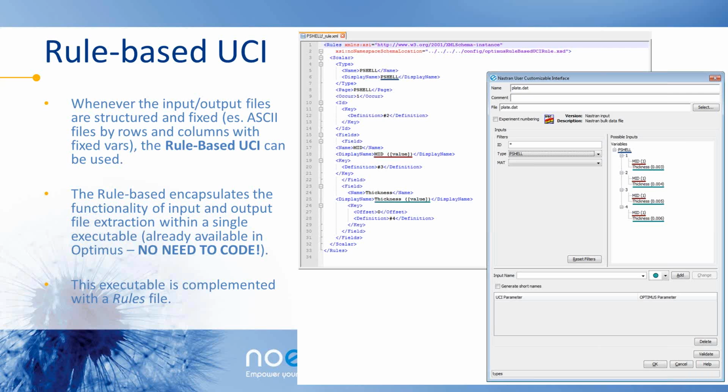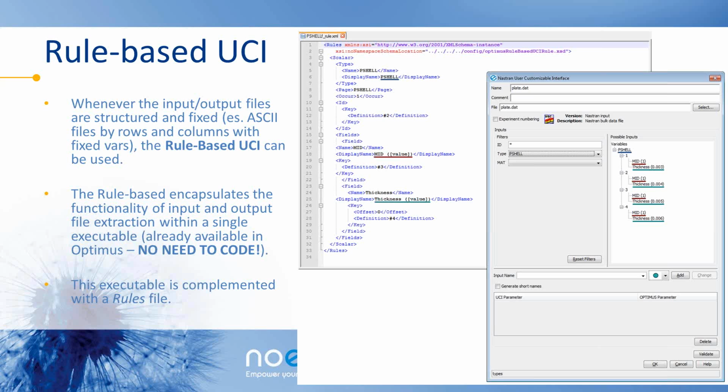You just have to define the XML, but this input-output UCI can only be used if you have output ASCII files that are structured and fixed, with a precise number of rows and columns, and with a number of input and output variables that is somehow defined.